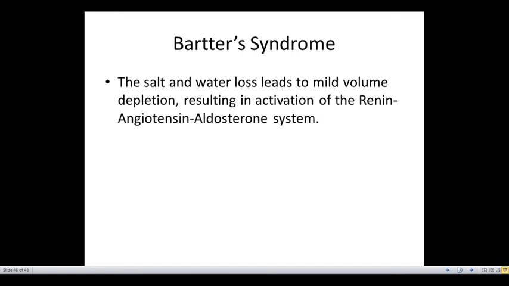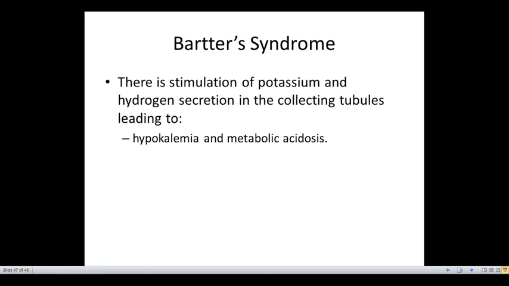The salt and water loss leads to mild volume depletion, resulting in activation of the renal angiotensin-aldosterone system. So there is stimulation of potassium and hydrogen secretion in the collecting tubules because of the action of aldosterone, leading to hypokalemia and metabolic acidosis.